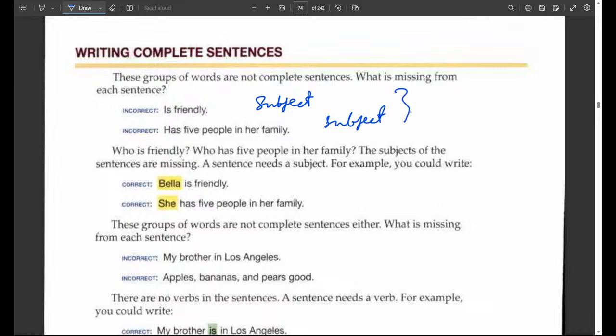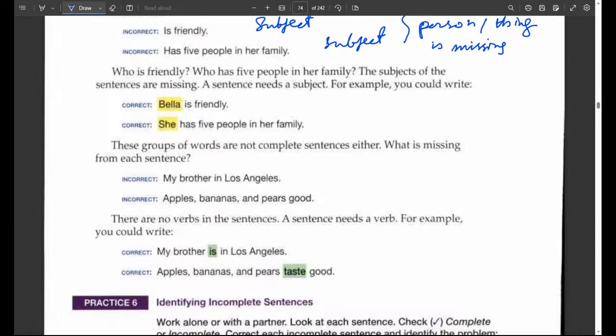The person or thing is missing. Alright. The subject of the sentences is missing.